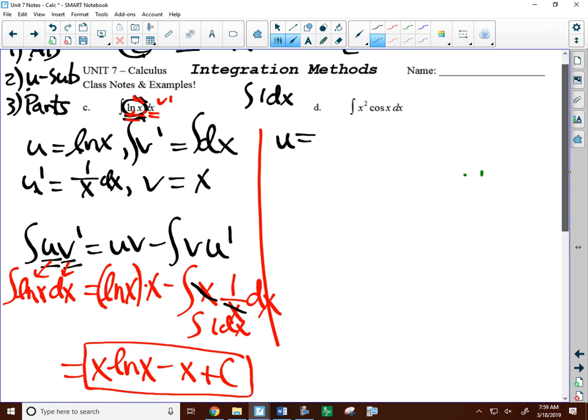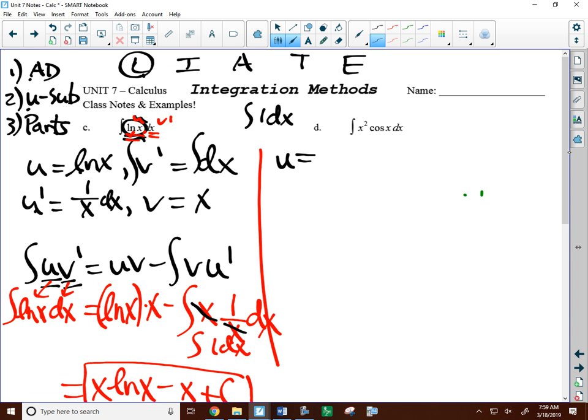So again, LIATE: I don't have logs or inverse trig, but I do have algebra. So I'll let u be x squared. v prime is everything else, so cosine x dx.